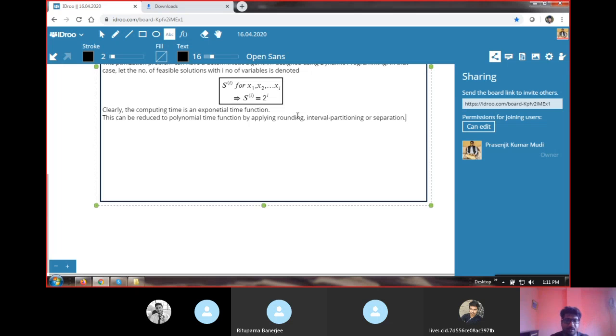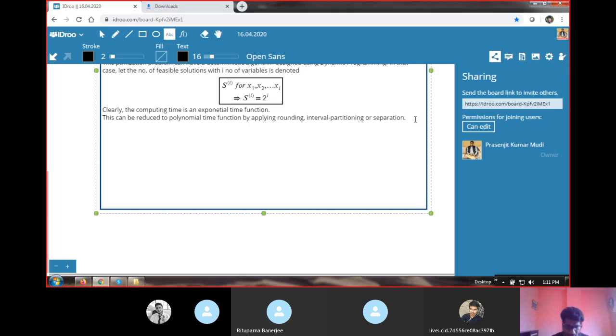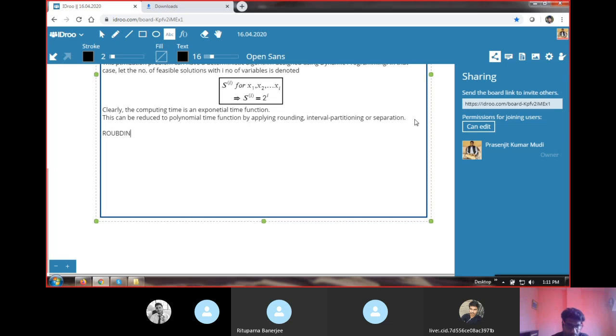Another is a fully polynomial time randomized approximation scheme. Both of these problems have approximation schemes, so we can derive that mathematically. So let's now move on to rounding.